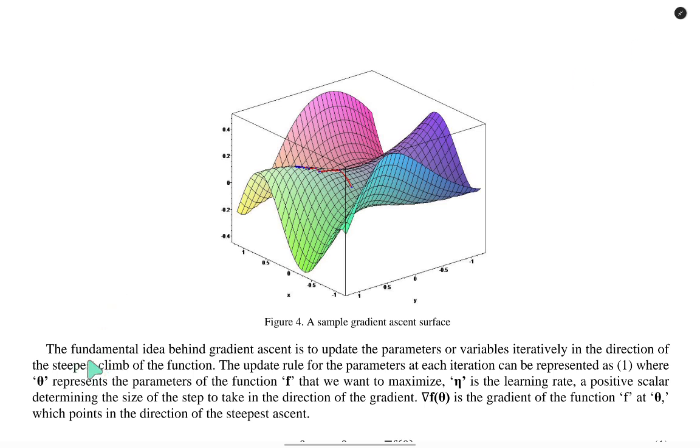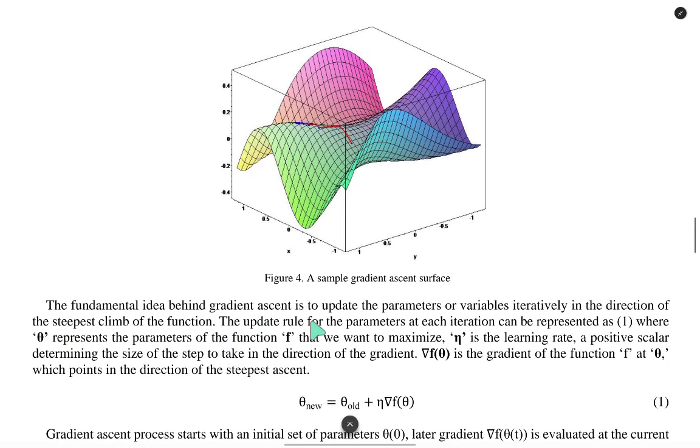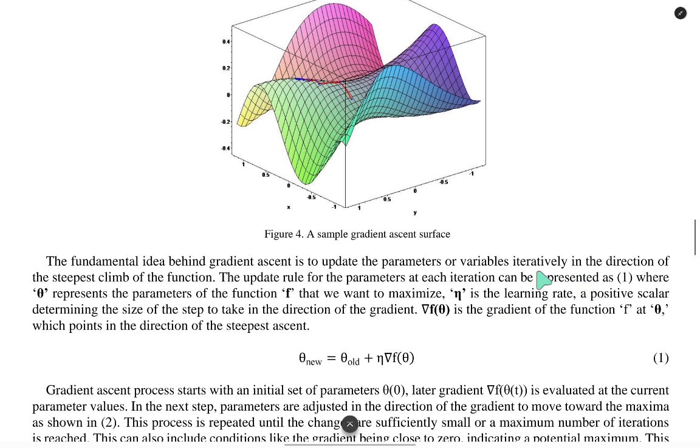The fundamental idea behind gradient ascent is to update the parameters of the variables iteratively in the direction of the steepest climb of the function. The update rule for the parameters at each iteration can be represented as follows, where theta represents the parameters of the function f that we want to maximize.